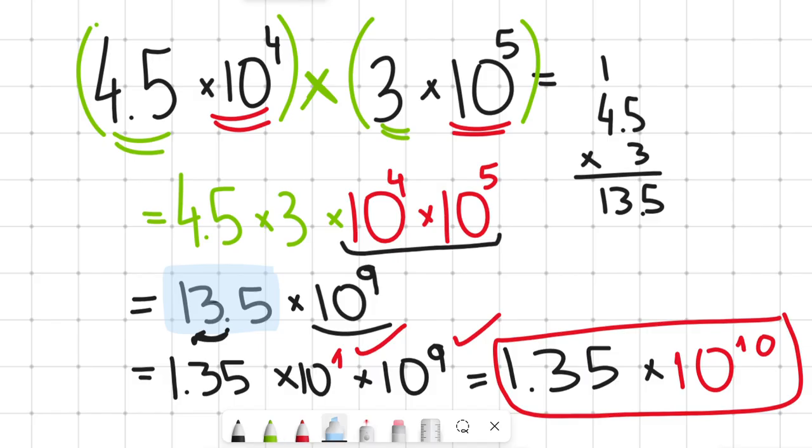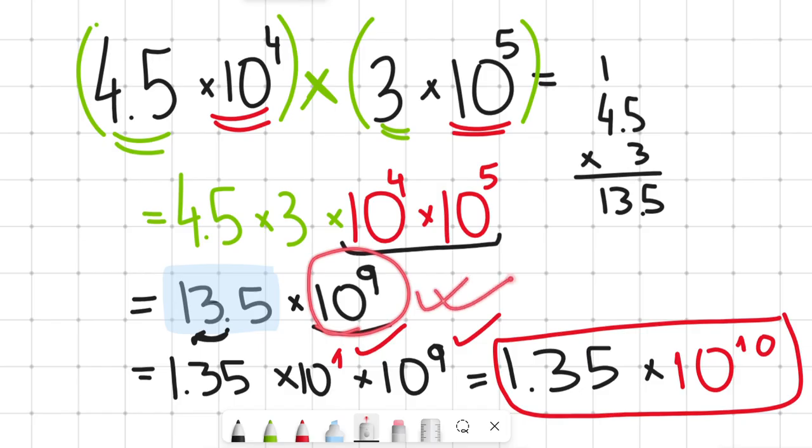So in order to multiply two numbers that are in scientific notation, what we need to do is number multiplied by number. So 4.5 multiplied by 3, which is equal to 13.5. And then we say exponent by exponent, which means 10 to the power of 4 multiplied by 10 to the power of 5.